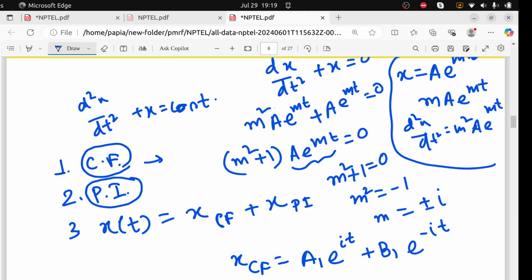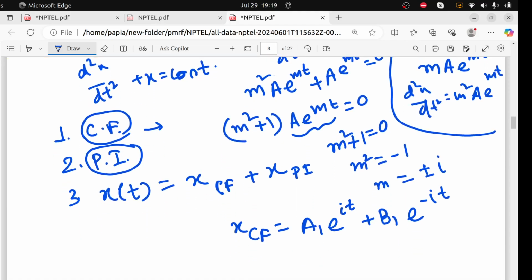Is it fine till now, the CF value? Yes, ma'am. So CF we can have a1 e to the power it plus b1 e to the power minus it. Now why did I tell you that it can be written in sin t or cos t form as well? Because sin t is nothing but e to the power it minus e to the power minus it divided by 2i.